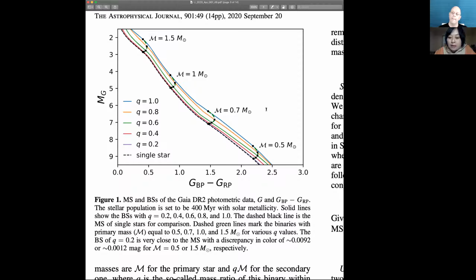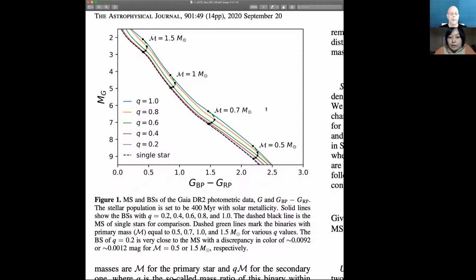This kind of method is arbitrary. It is difficult to determine the main sequence precisely due to the observational error. Moreover, it's unable to measure the low mass ratio binaries, since it's hard to tell whether a star in the region near the main sequence is a single star or a low mass ratio binary due to the observational error. So in this work, instead of distinguishing whether a star is a single star or a binary, we propose a mixture model to model them together.